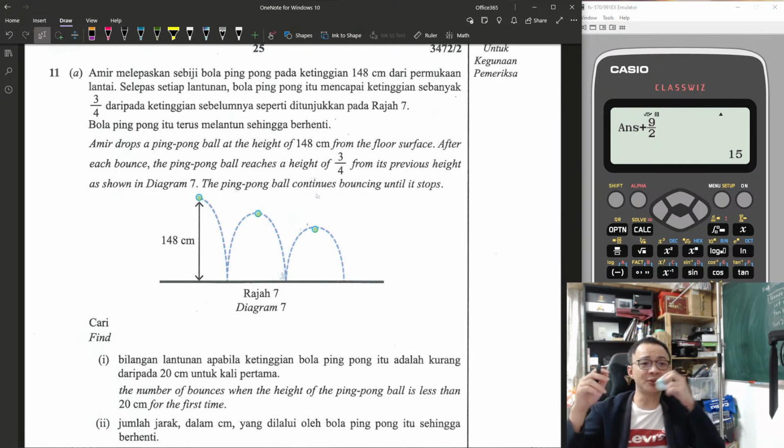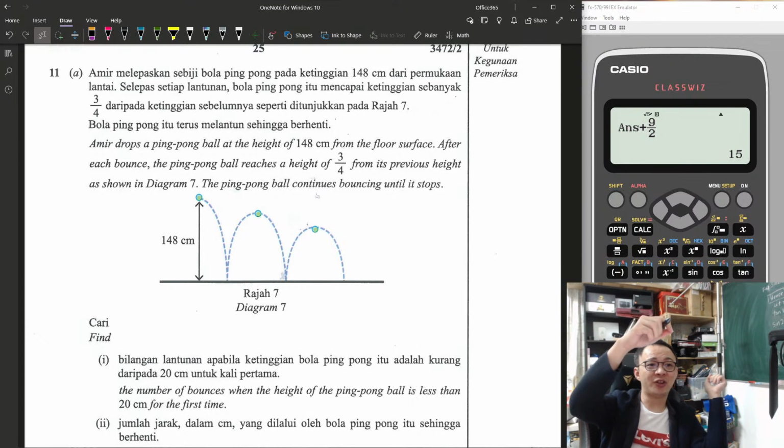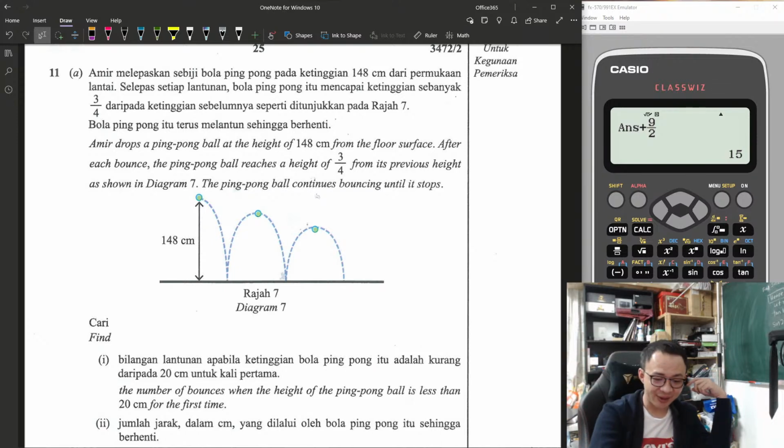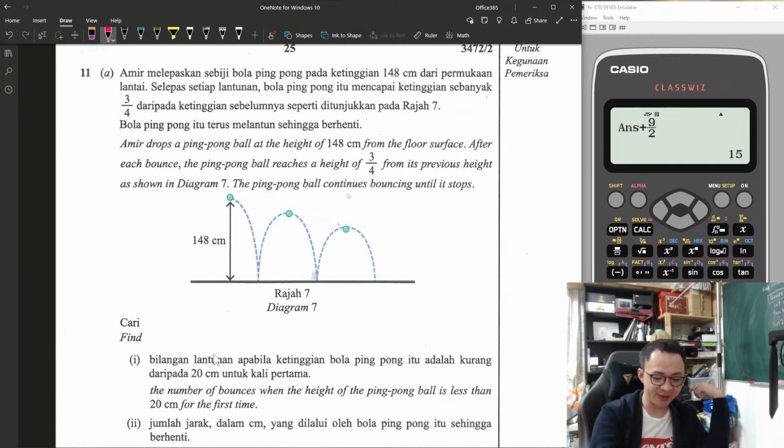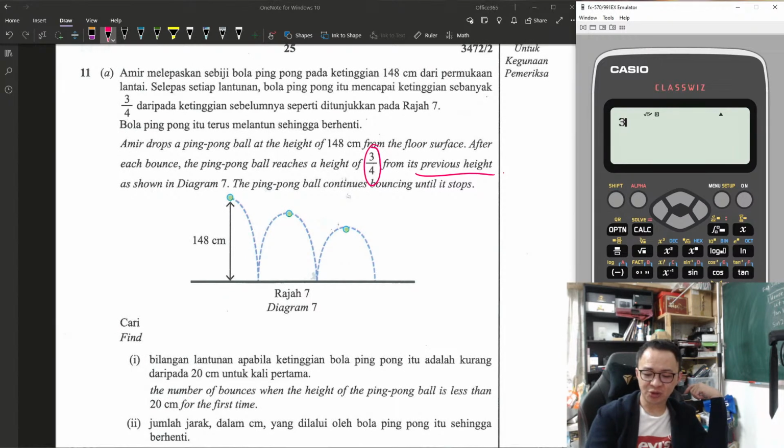So basically, he's going to drop a ping pong ball. At first, it's at 148. He dropped it, and then it bounced back to 3 over 4 of the previous height. So I just do 3 over 4 times 148, and I get 111.